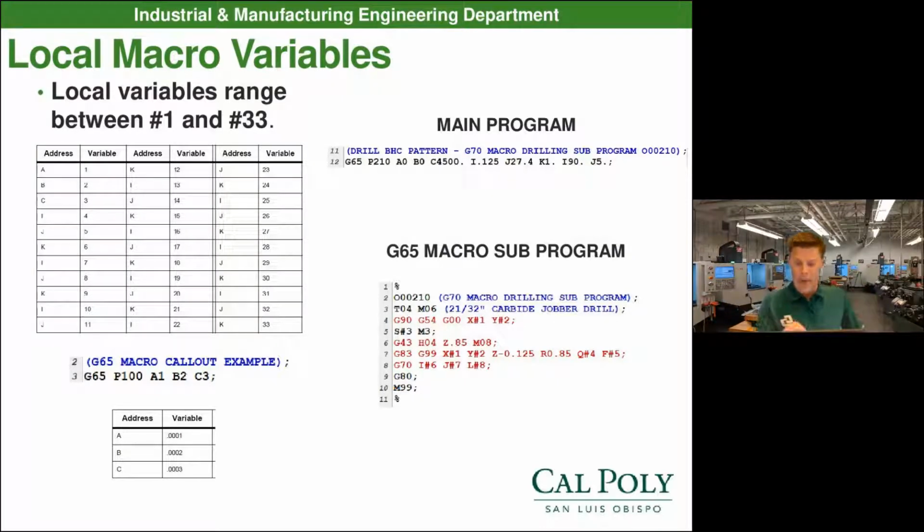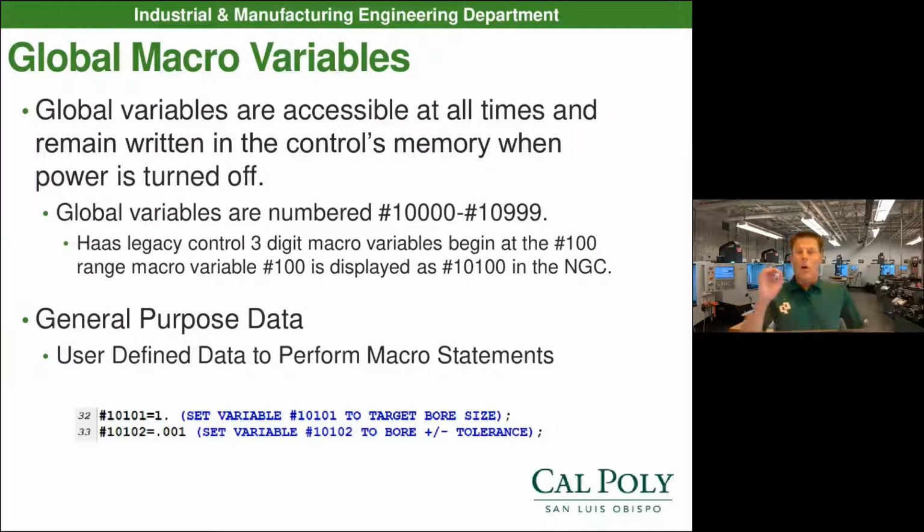That's local macros. Now, global macro variables are general purpose data out there. So I can store data in the global macro variables and use it for logic. For example, I'm going to set my target variable, number 101, you can see that down there, as my target bore size for my part. We're going to be making a simple part here with this macro program.